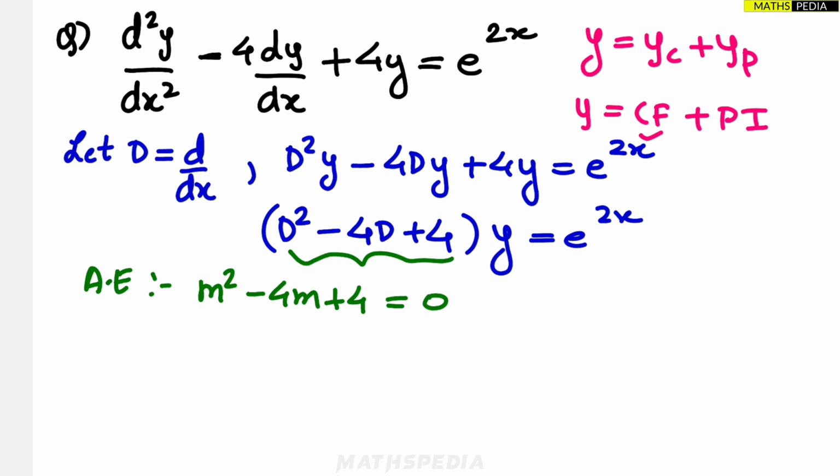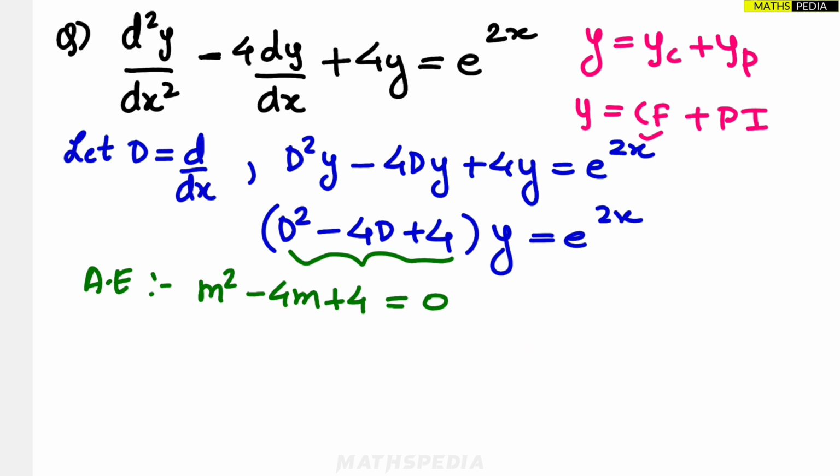Can I do this? This is nothing but a quadratic equation. You can use the factorization method or the quadratic formula or even a calculator if it is allowed. So here I will directly go with the factorization method, splitting up the middle term. Here 4 is sitting, the coefficient is 1, so 1 into 4 is 4. While multiplying I should get 4, and while adding I should get minus 4, right?